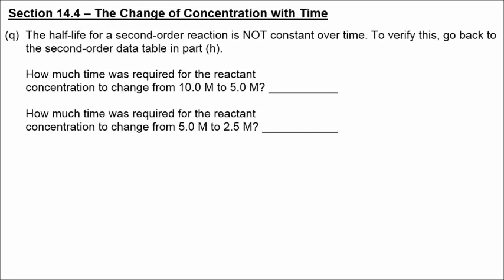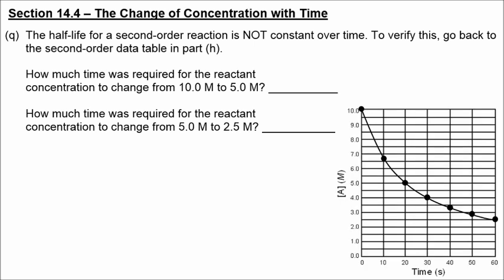The half-life for a second-order reaction would not be constant over time. To prove this, we'll go back and look at the second-order data from Part H. It took a total of 20 seconds to go from 10 molar to 5 molar. To go from 5 molar to 2.5 molar, that took 40 seconds.